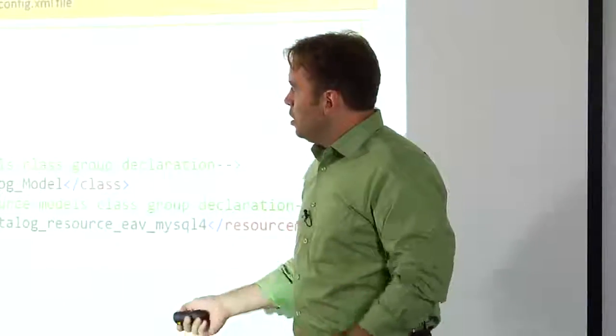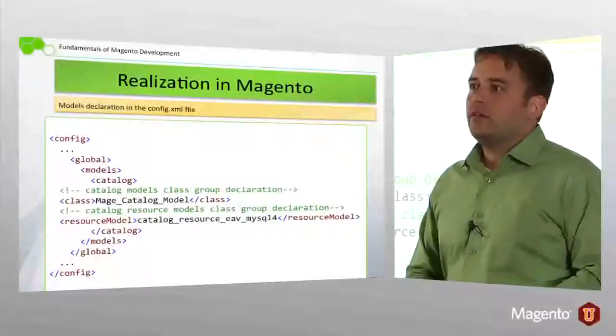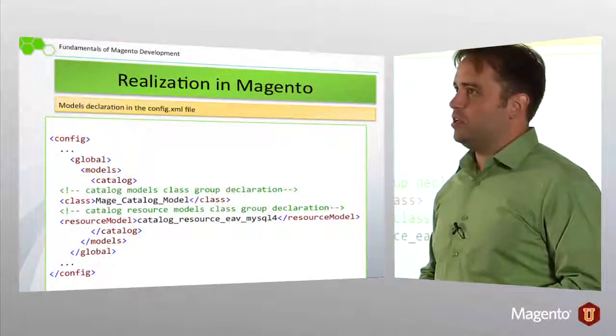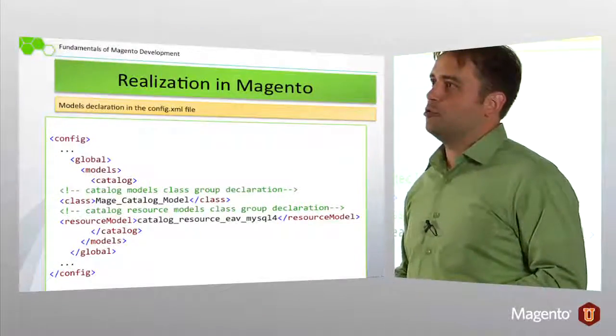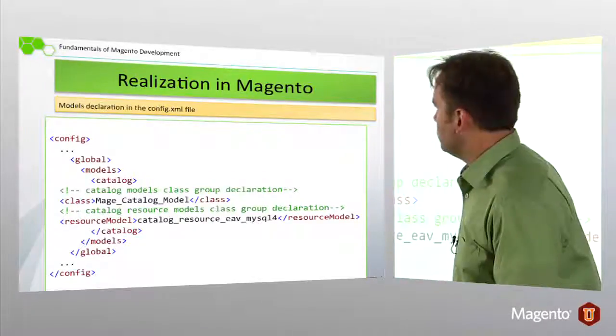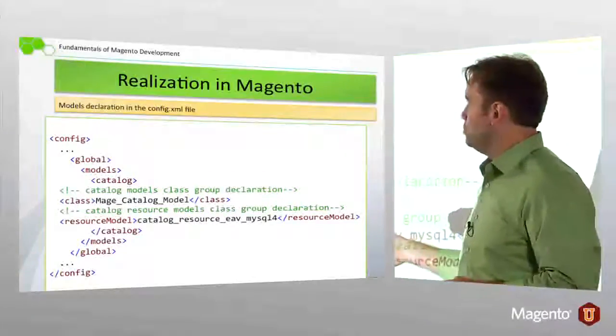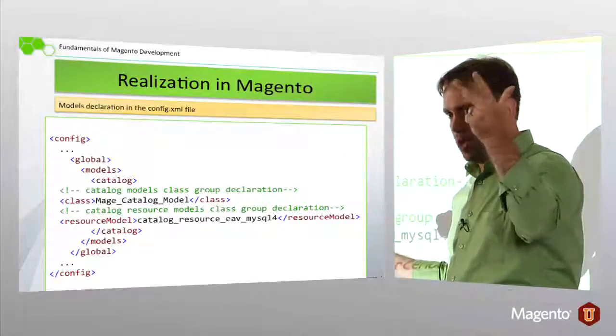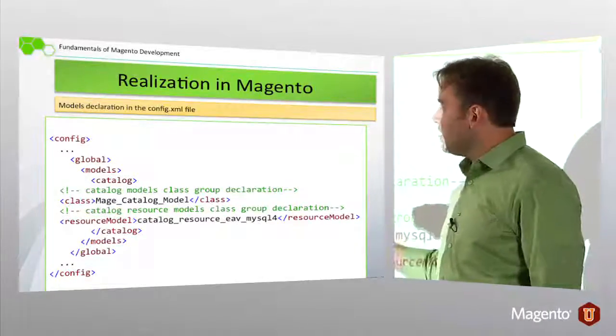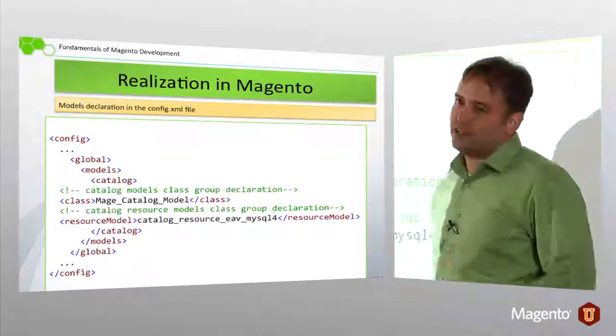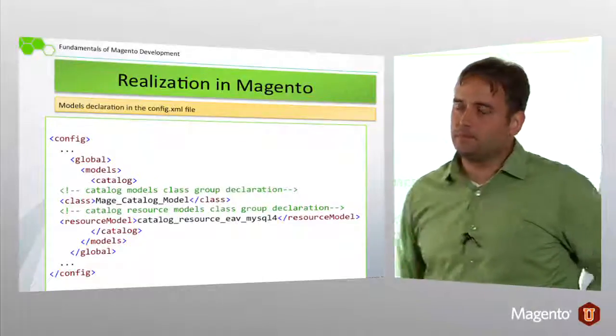All right? So here is everything you need to know about class group definitions in Magento. Config global, and then either models, helpers, or blocks. Inside that node, you make a node that is whatever you want it to be.